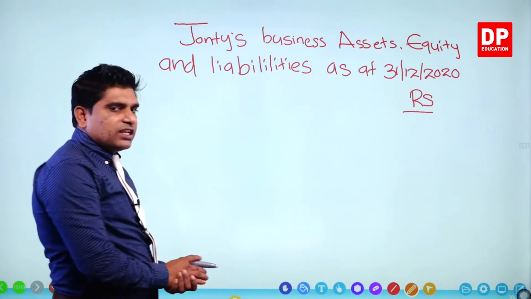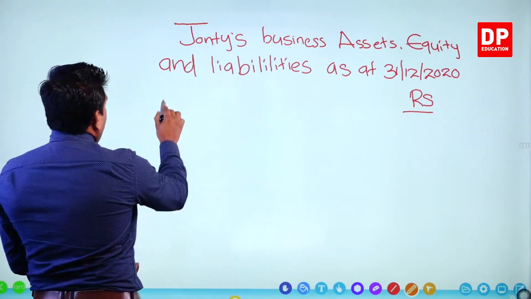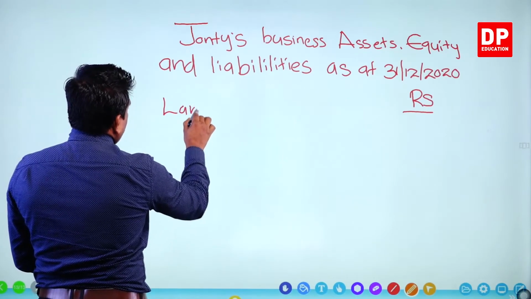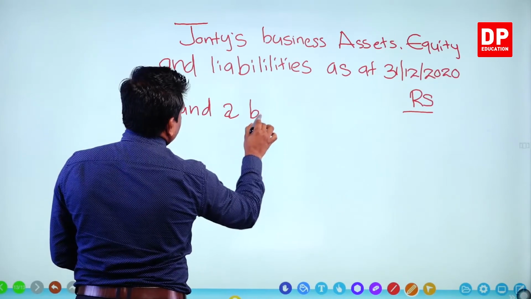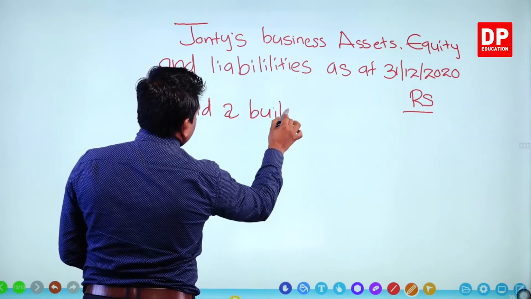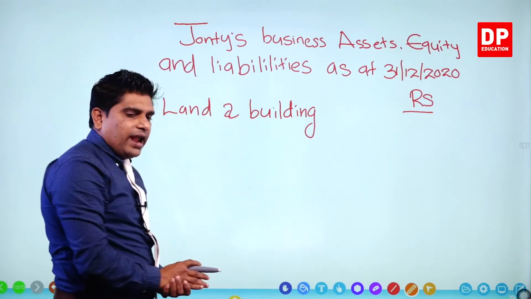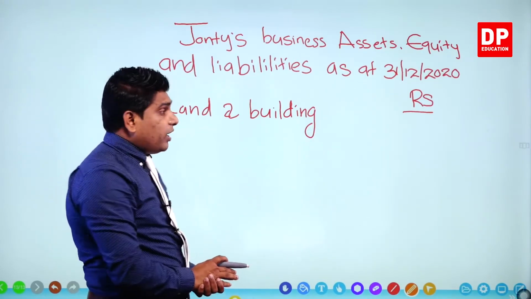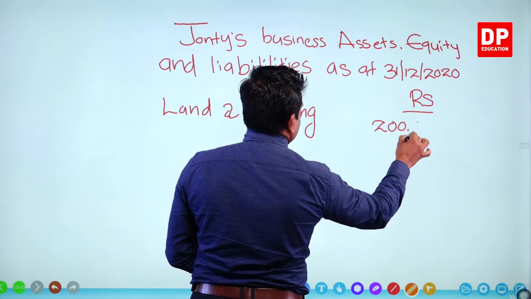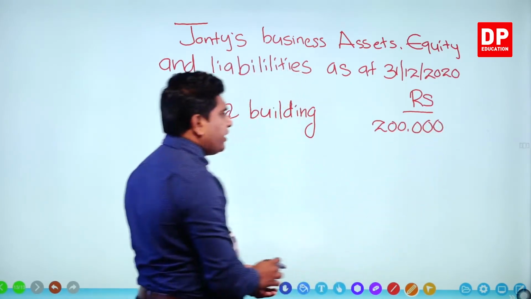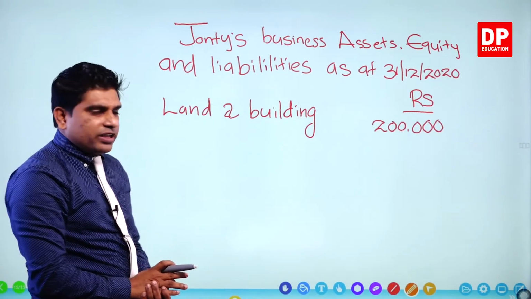Everyone write down these details. Land and building. Right? Land and building 200,000. Value is 200,000. Right? The next one is motor vehicle.